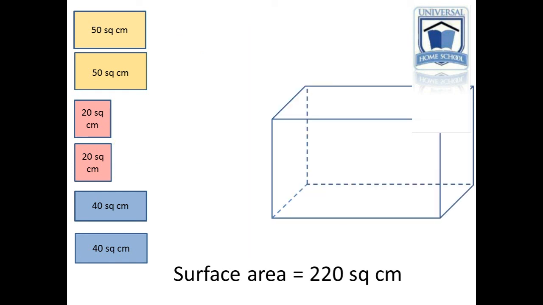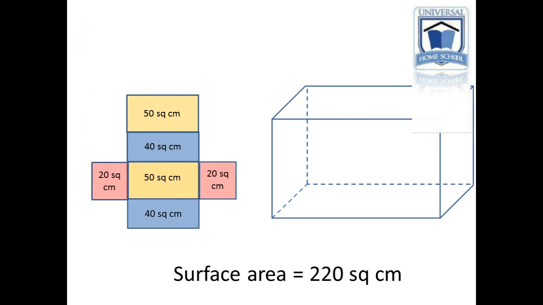Now let's look at exactly what we've done. We've taken this rectangular prism and worked out the area of each of the 6 faces. We've worked out the tops and the sides, and we've added them all up, so we come up with 220 square centimeters.